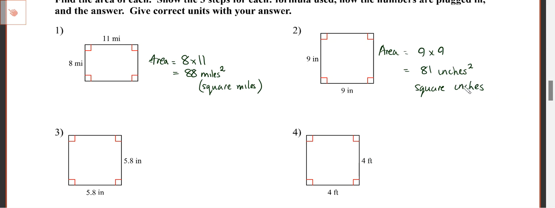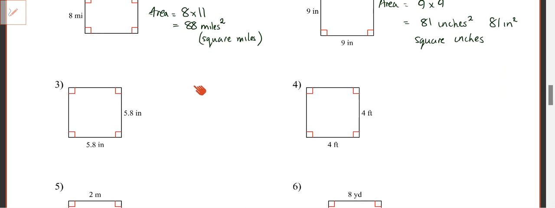So we'll get into the habit of having our unit, even if we wrote 81 IN squared, like that, I'll carry on like that going forwards. So we've got the area for this one is 5.8 times 5.8, what do you get? 33.64, and it's square inches.